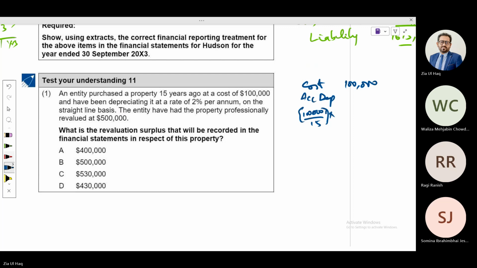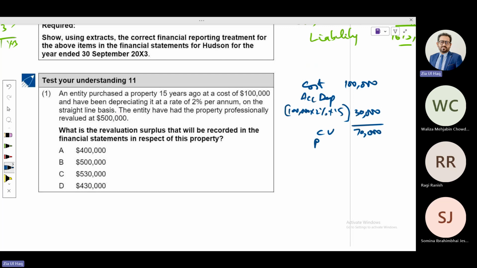Sorry, the rate is 2%. So 100,000 into 2%, and for how many years? 15 years. How much is the depreciation? 2,000 per year, and for 15 years, 30,000. So the carrying value is 70,000.